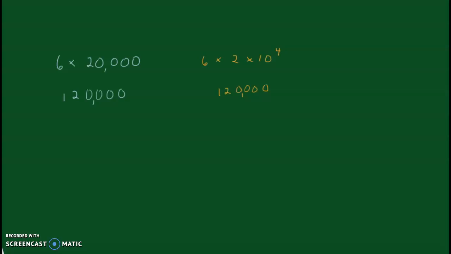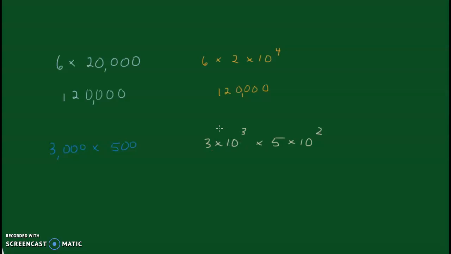All right, our next problem is going to be, and I'm going to write both of these down, not 30,000, 3,000 times 500 and 3 times 10 to the 3rd times 5 times 10 to the 2nd.